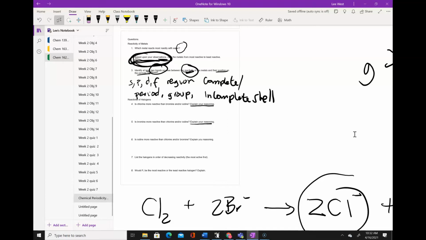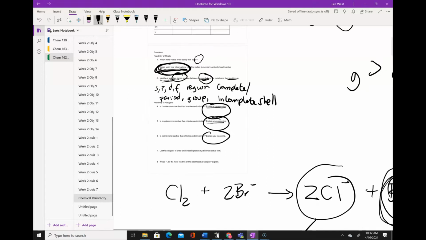And so, is chlorine more reactive than bromine or iodine? We can say we know that chlorine is more reactive than bromine or iodine because we saw these reactions occurring, and give the chemical reaction. So that level of detail, not a superficial explanation. For these questions, it's all about how you explain your reasoning. That's the important thing for me.